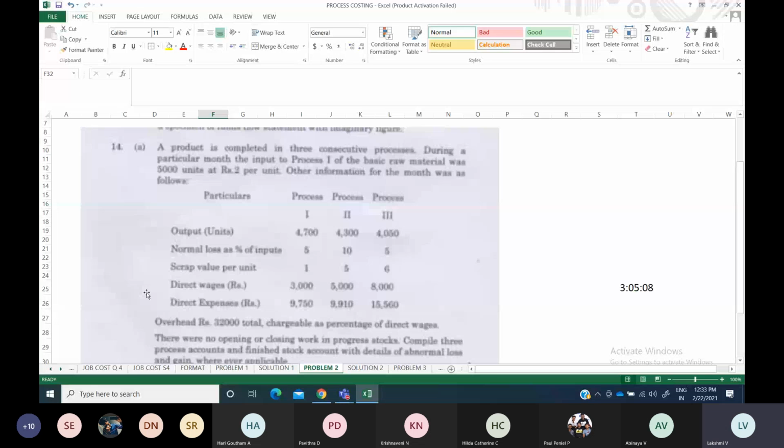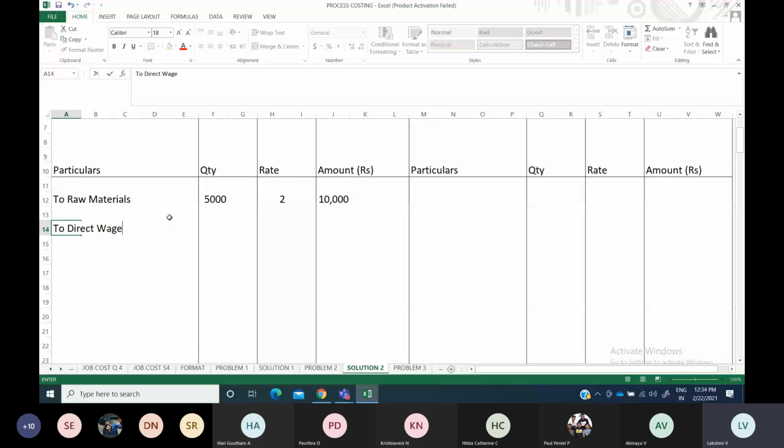Okay, so next, here you will include the direct wages and direct expenses. So to direct wages and to direct expenses, or whatever is given here.